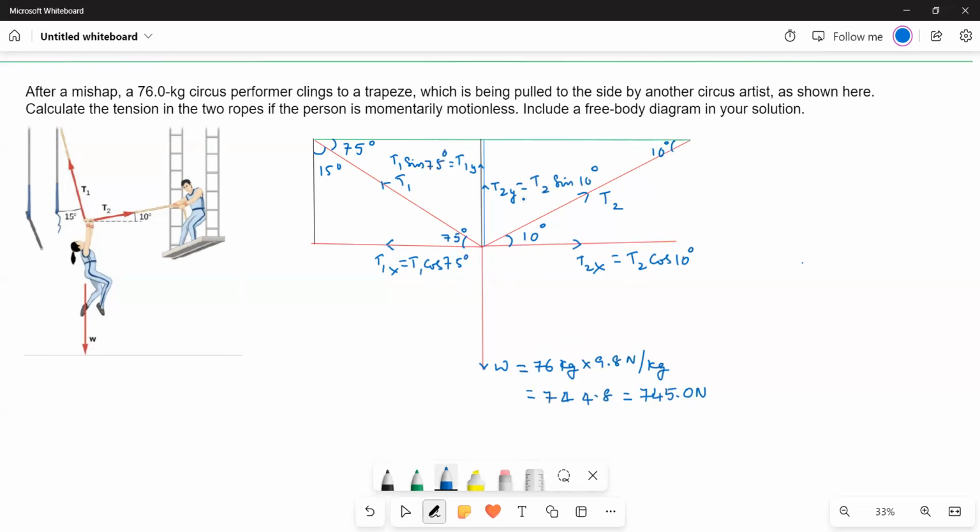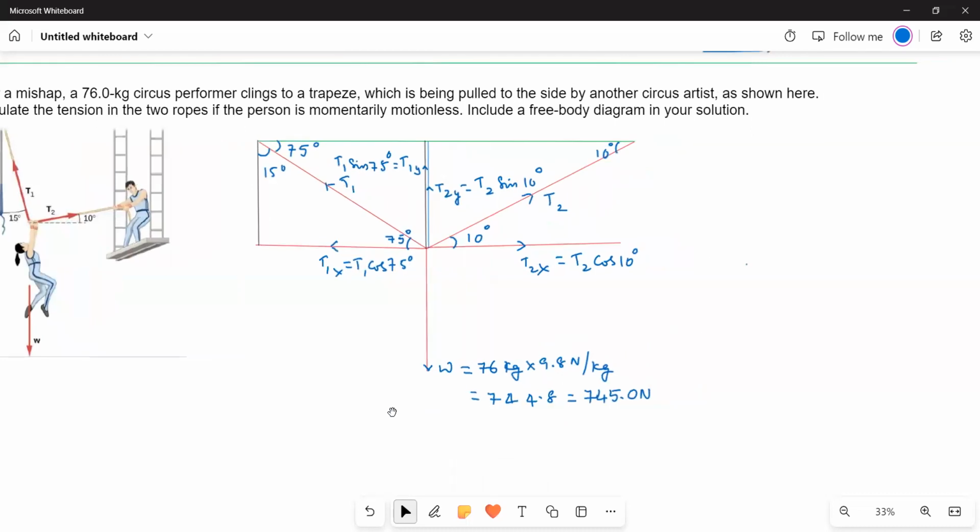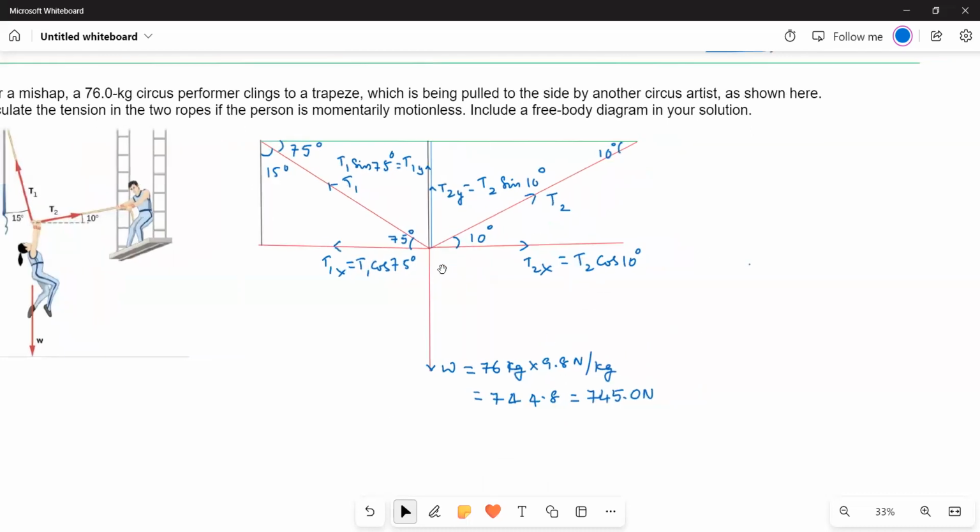Now we have to write the equations for static equilibrium. The horizontal components of forces must be equal to 0. Sigma Fx must be equal to 0. The net force along the X direction must be equal to 0. So T1x is equal to T2x, because T1x is acting towards the left and T2x is acting towards the right.